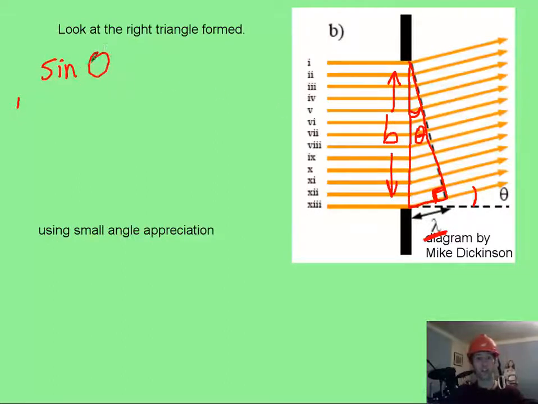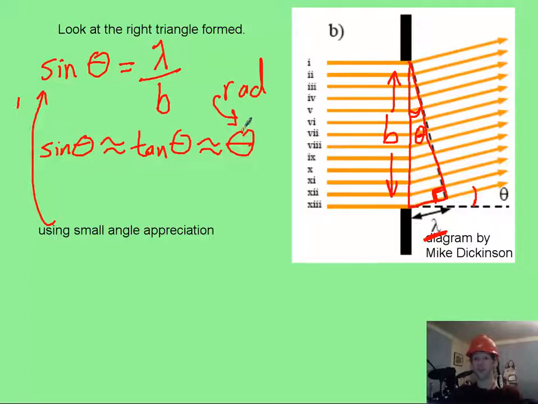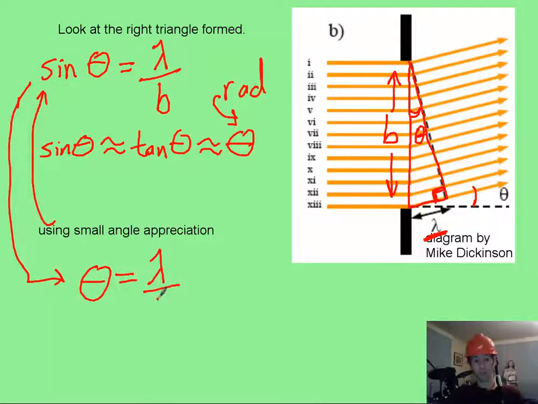So the sine of theta is going to be the opposite, lambda, over the hypotenuse, b. Now, by small angle approximation, we can say that sine of theta is the same thing as tangent of theta, and the same thing as just theta, if we're dealing in radians, which we are, and if we're dealing with small angles, which we are. So then we can also say that theta is equal to lambda over b.